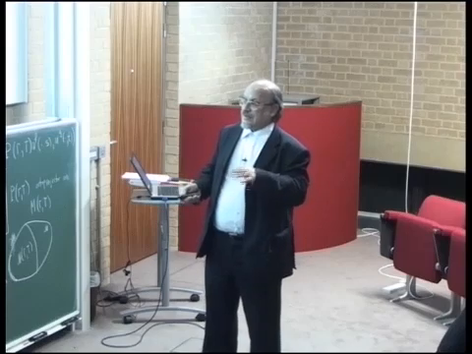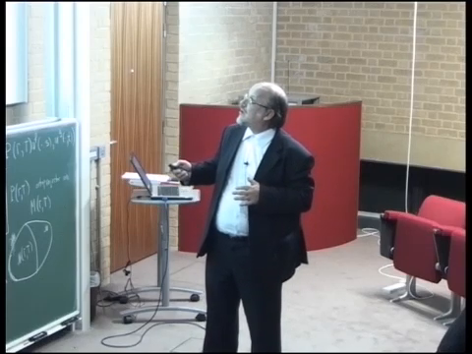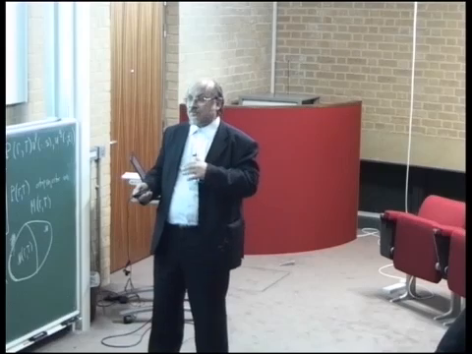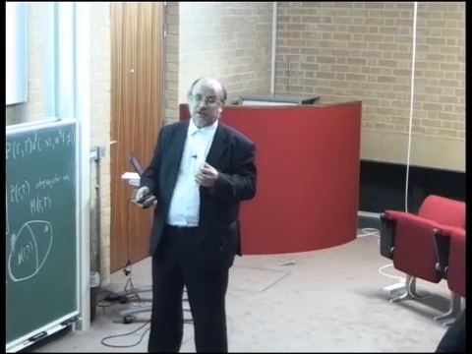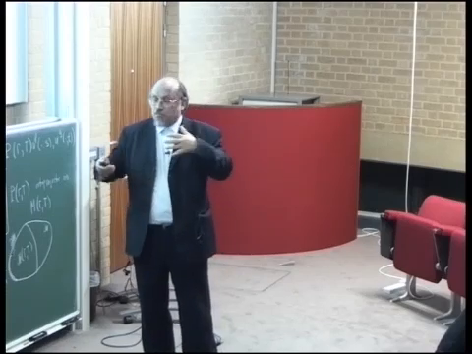So instead of considering the Beltrami-Laplace operator, we consider the wave operator corresponding to this Beltrami-Laplace operator, and consider the initial boundary value problem. Our data is the trace on the boundary of the solution, and normal derivatives of the solution. Sometimes it is said that it is the Dirichlet-Neumann map, but in fact, we need to know for all solutions both of the traces.